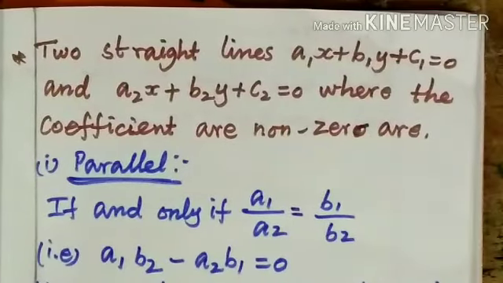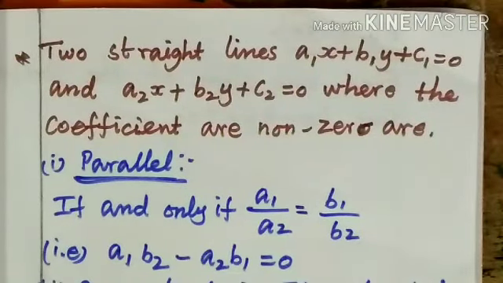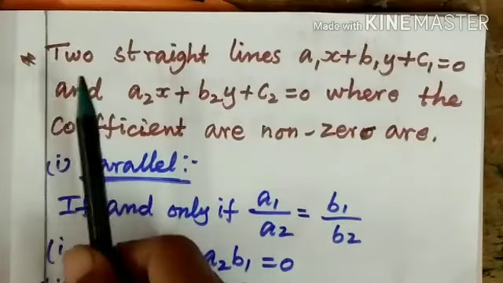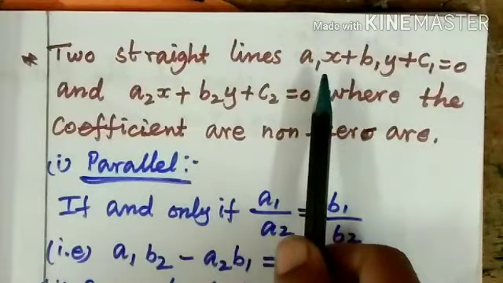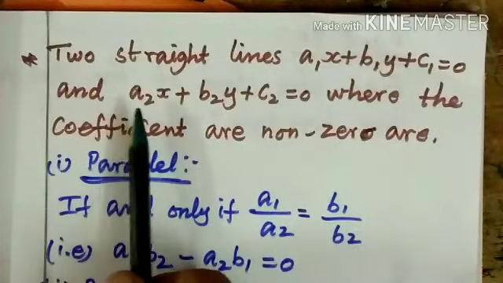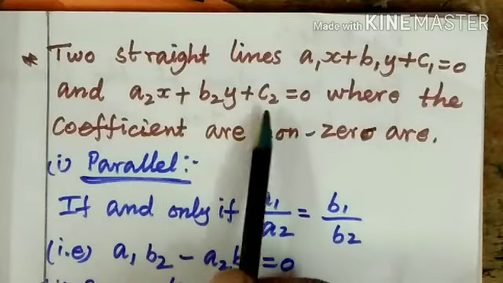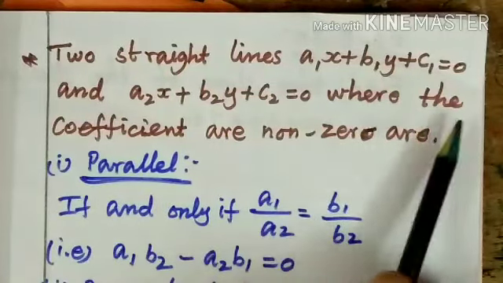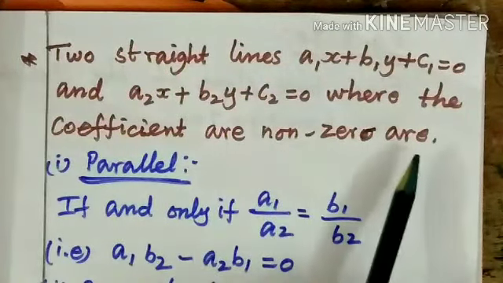Another shortcut method for checking parallel and perpendicular lines: two straight lines a1x plus b1y plus c1 is equal to 0 and a2x plus b2y plus c2 is equal to 0, where the coefficients are non-zero.